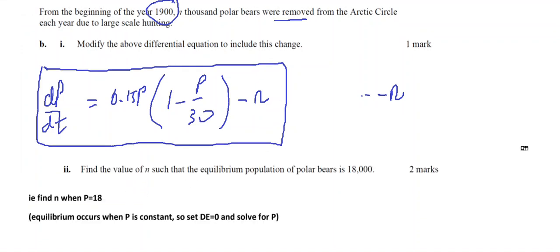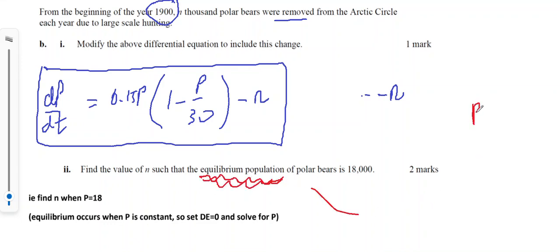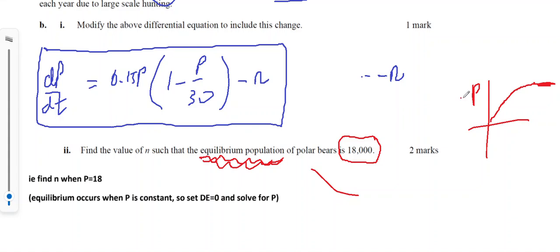In part 2, find the value of n such that the equilibrium population is when the population then stabilizes and approaches a particular value, like an asymptote. So we're wanting it to be 18,000. And at the point where the equilibrium is achieved, dp/dt will equal 0.